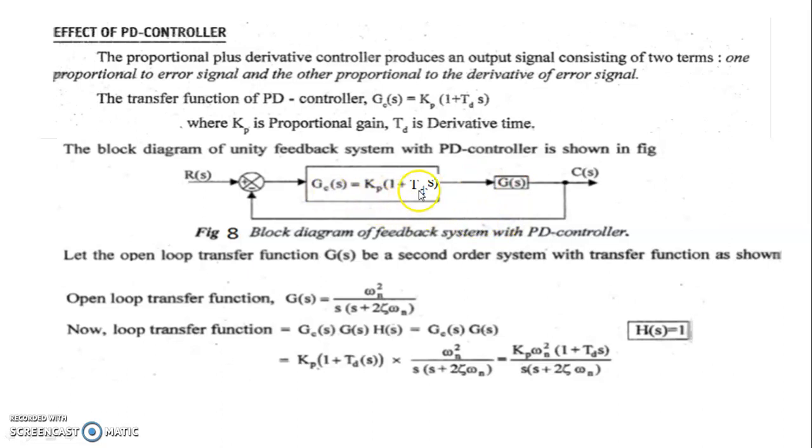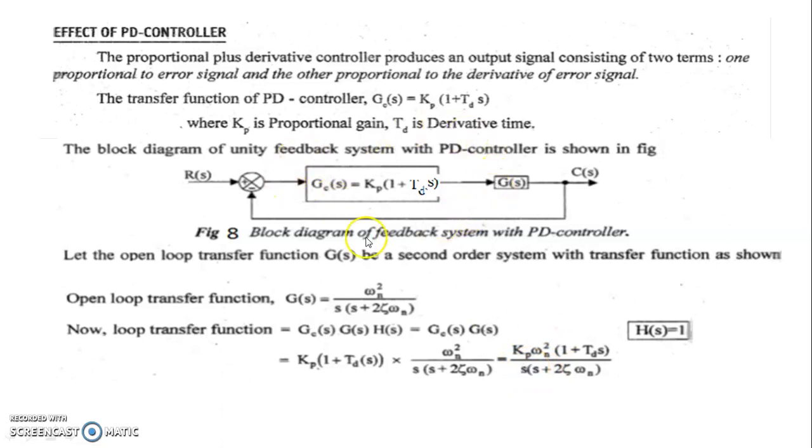That's the reason it is a product of only these two terms. Gc(s) is Kp into (1 plus Td s), and G(s) is the second order open loop transfer function. So this is the final expression for the loop transfer function.